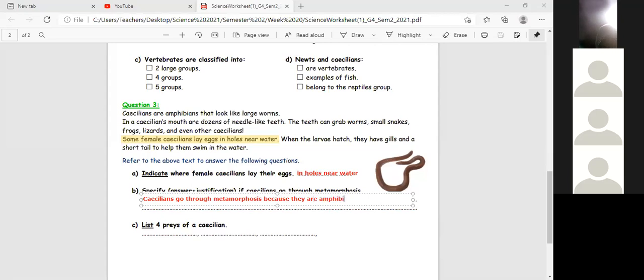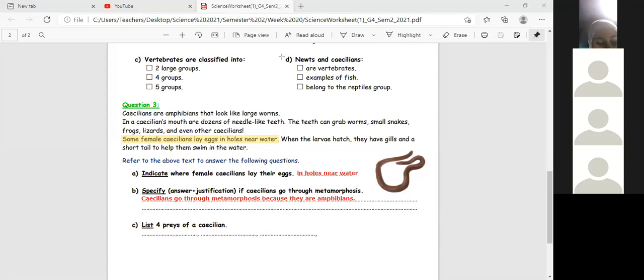And what else? Is there anything in the text that shows that they go through metamorphosis? Thank you, Jude. Caecilians go through metamorphosis because they are amphibians. But is there anything in the text that tells that?